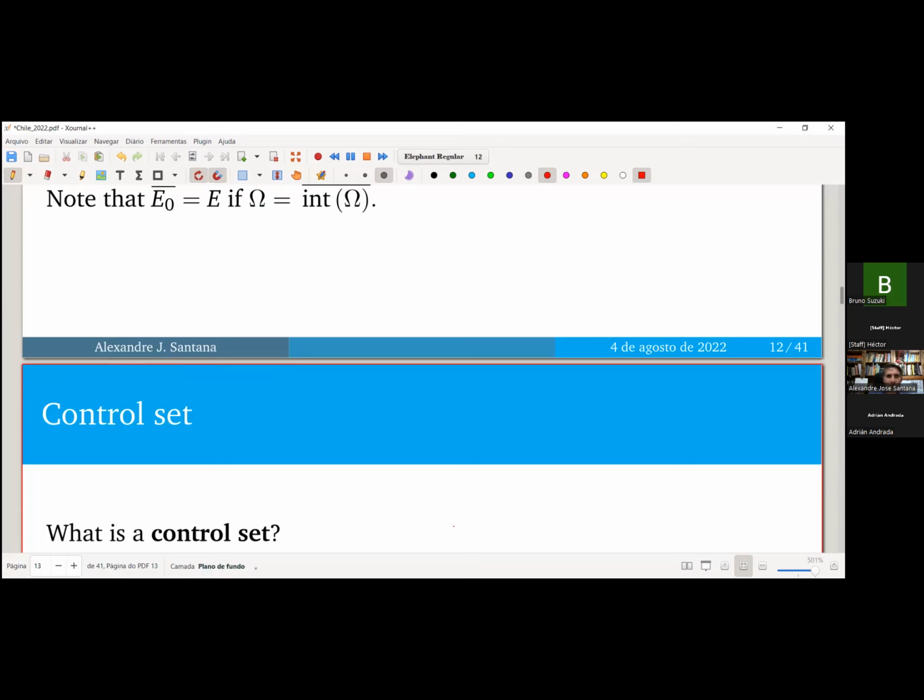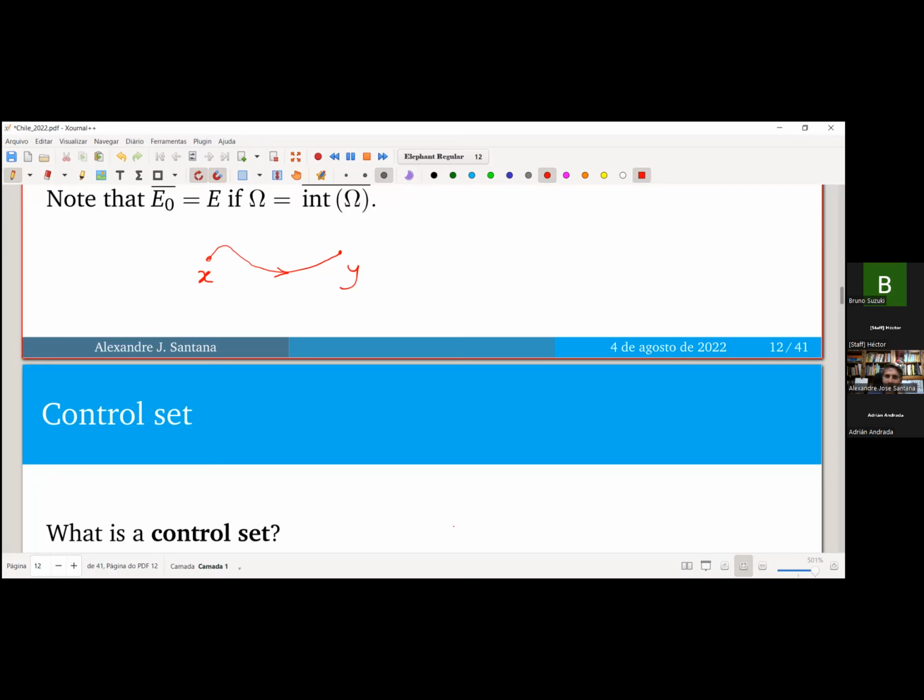Global controllability means that given two points x and y in the state space, there exists a concatenation of solutions, or an element of the semigroup of the system, such that we can reach y from x using these elements of the semigroup. So we don't care about global controllability.